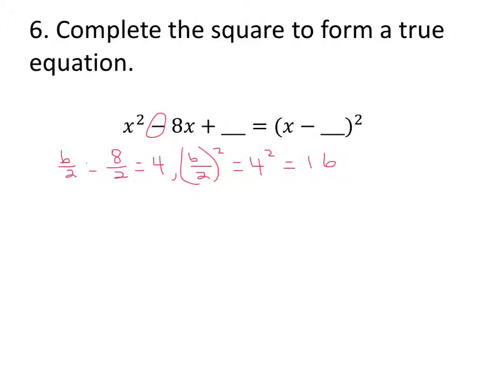So we're going to add 16 to the expression, and that makes it a perfect square trinomial on the left side, and that factors to x minus b over 2, or x minus 4. And so this problem tests your understanding of what it means to complete the square.